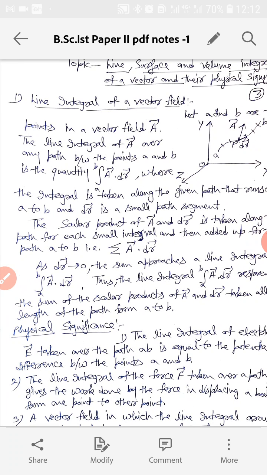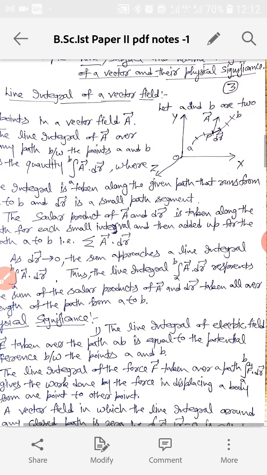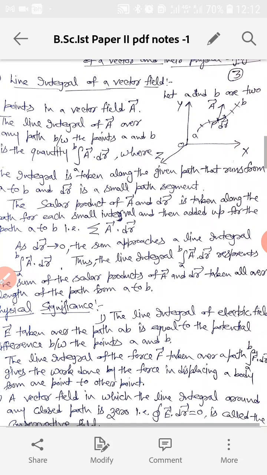If we divide this whole path A to B into small segments, and one such small segment is, say, dr, and we calculate the scalar product A dot dr for all the segments between A and B, and sum them all up, then what will we get?